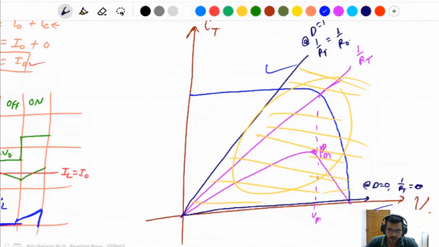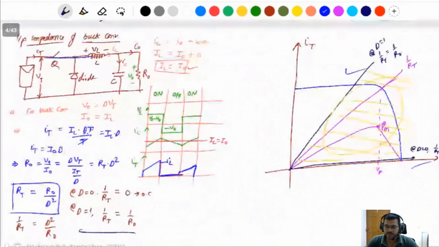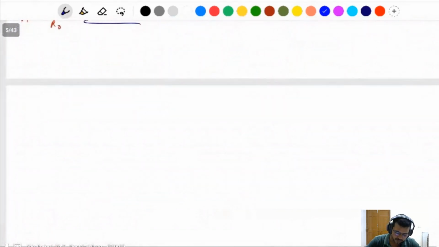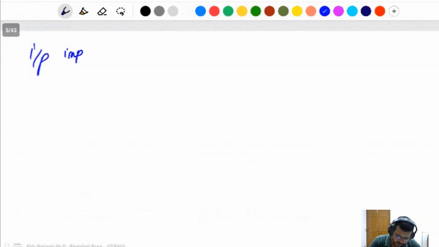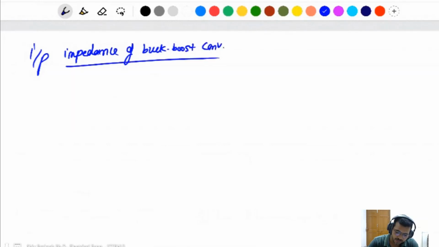The last one is the buck boost converter. The buck boost converter is this one.